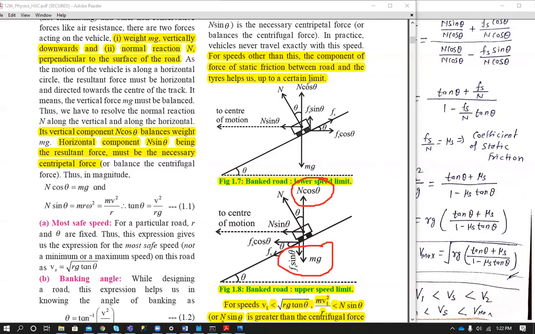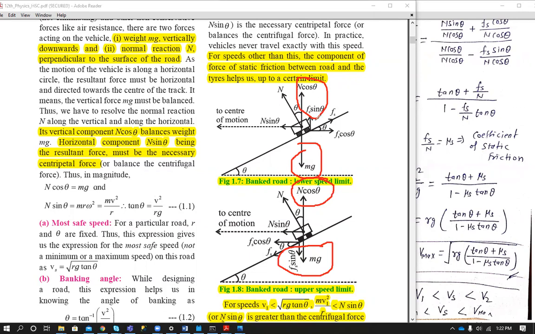Here the thing is opposite: n cos theta equals fs sin theta plus mg, or you can say that mg equals n cos theta minus fs sin theta.